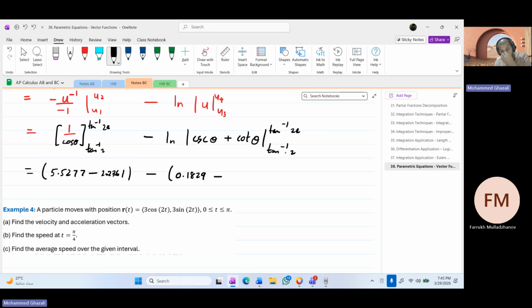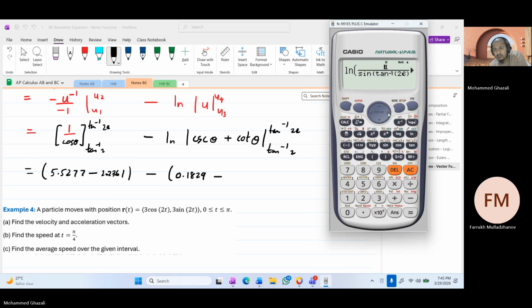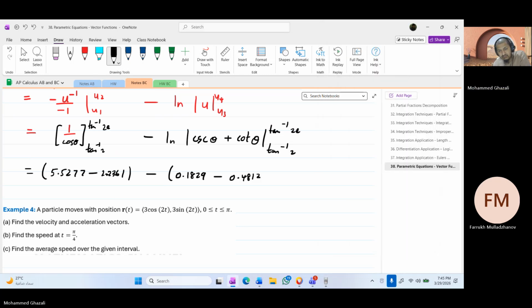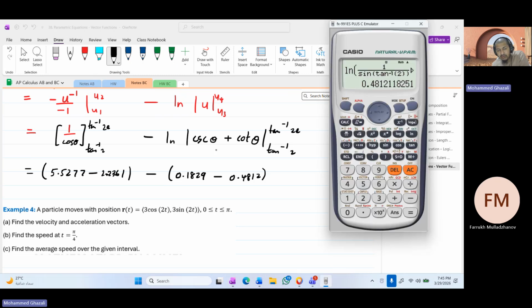And subtract the lower boundary, substitute 2 in there. Let's take out the e's here. 0.4812. Upper boundary minus lower boundary, and I took the len of the whole thing.